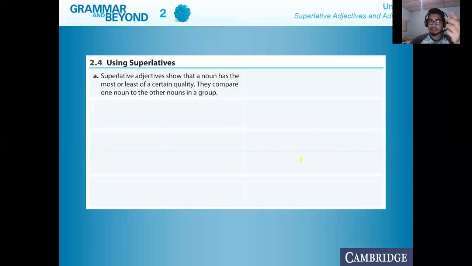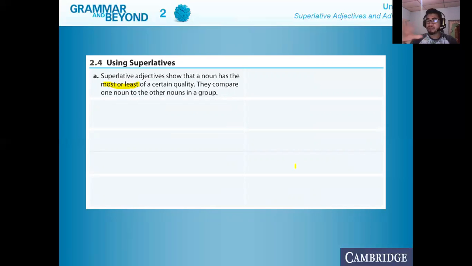Let's focus on the other uses as well. Superlative adjectives show that a noun has the most or least of a certain quality. They compare one noun to other nouns in a group. So here we're talking about quality, and we normally talk about quality when we talk about products or different things or objects that we want to compare.